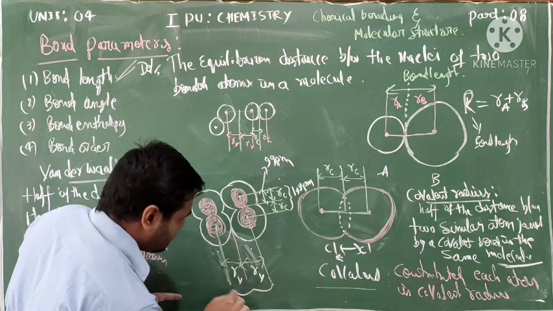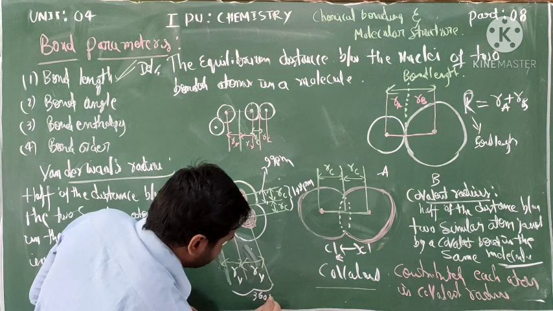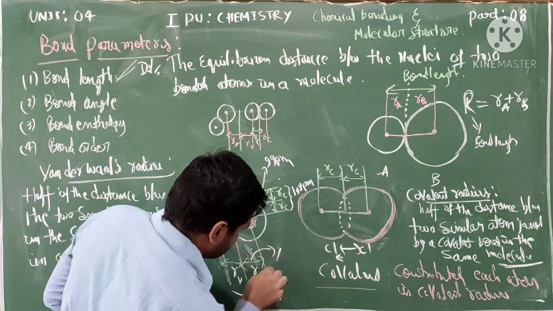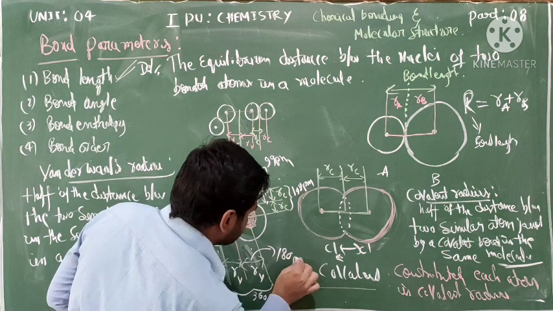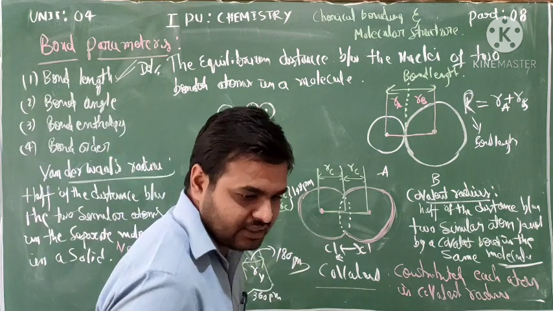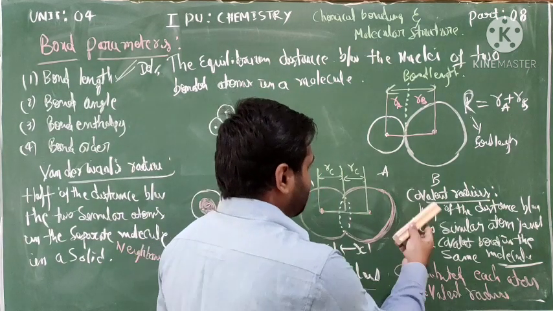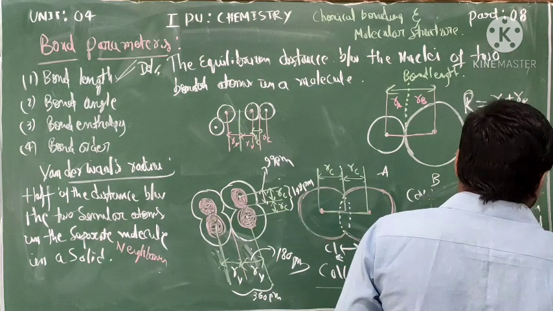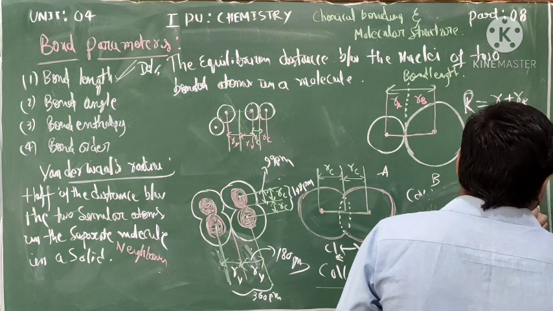And the van der Waals distance is 360 picometer, so for one atom it is 180 picometer. Okay, so let me tell you about some other molecules, same or different, and their bond length values.